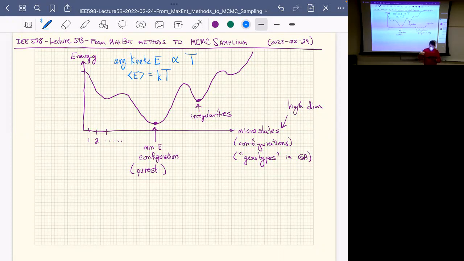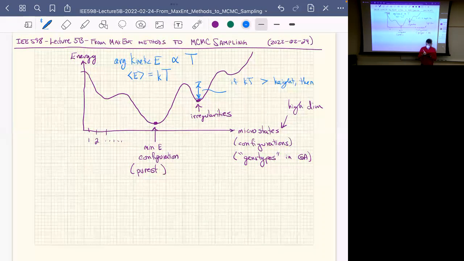So if KT is greater than this height, then the barrier is surmounted.